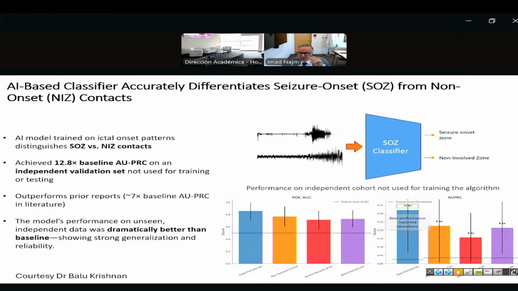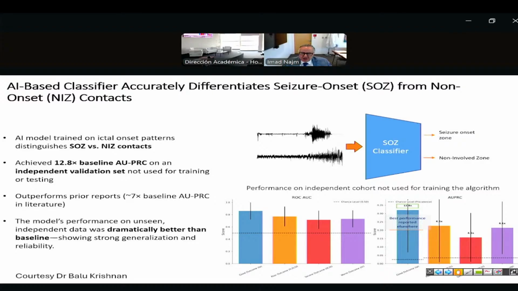Now, this model, this seizure onset zone classifier, was shown to be highly performing, basically more than 12 times the baseline AUPRC on an independent set that is used for validating these experiments, that is not used for the training or the testing of the set.